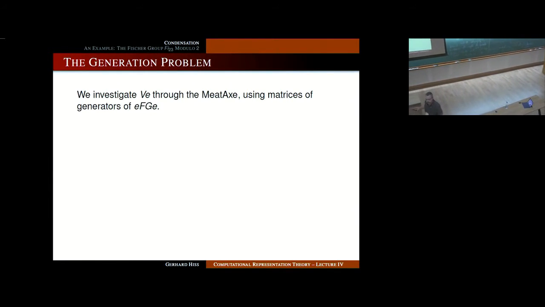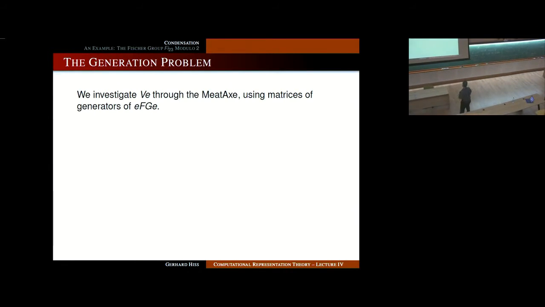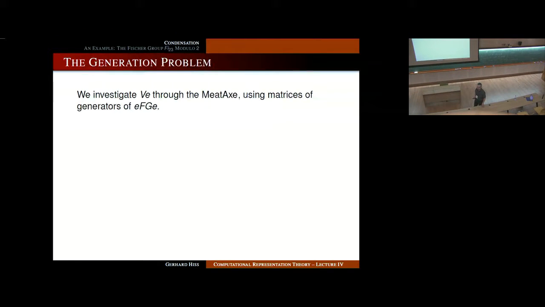Sorry? No, the field is characteristic. Well, of course it would also work, yes. Of course, if you find an idempotent. If you take a central idempotent, you will not gain much.